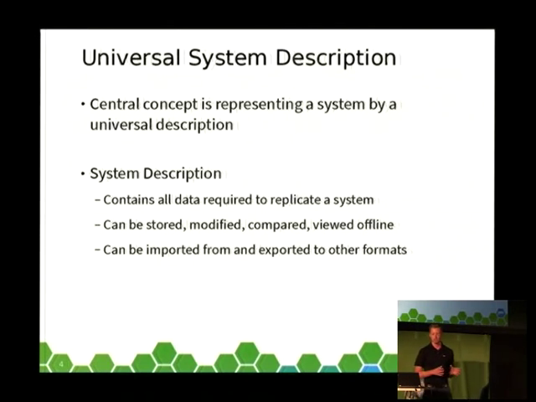Such a system description contains all the data to replicate a system. So it contains everything to rebuild the system, so it also contains manual changes. So if I build an image using such a system description, I have functionally the same system.